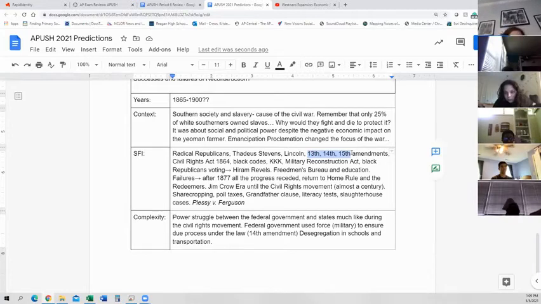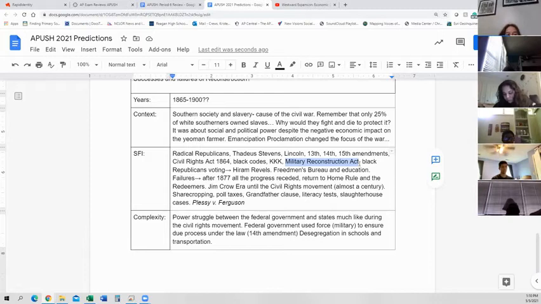And so the Republicans in Congress caught wind of this and they're like, hey, states, you need to enforce these laws. And the Southern states are like, yeah, okay, whatever, make us. And so they did with the Military Reconstruction Act. They sent the soldiers back down into the South to enforce these laws.